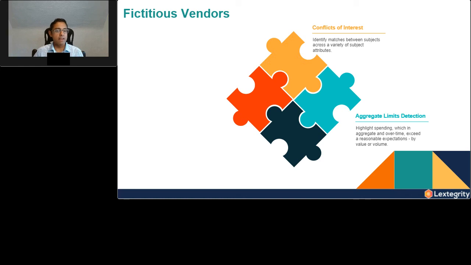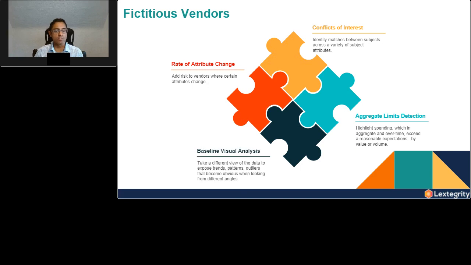Then on top of that, looking at attribute changes at a vendor level. So that's looking at vendor detail changes that are happening at a high frequency. The bank account's changing, the address is changing, other determinants of risk are changing frequently. And then you might have the ability to also bring in visual analysis on top of this to look at outliers. So just like that T&E asset misappropriation example, this can show you how you can have multivariate layers.